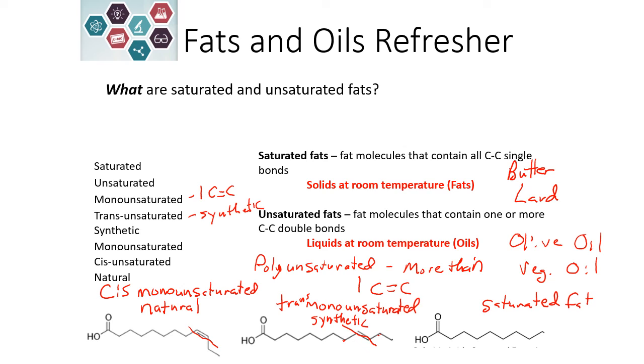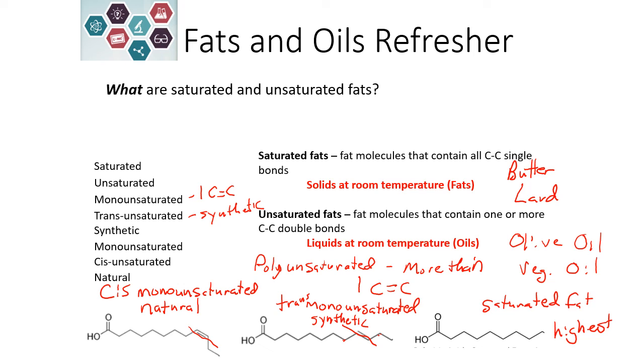Okay. And so this one would be a solid at room temperature, which means that this has the highest boiling point. How would the other two rank? Think about how the other two boiling points would go. Well, our trans, as we said, we can hydrogenate it to manipulate the properties.